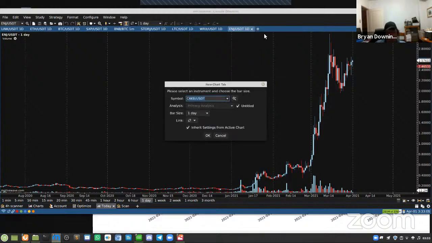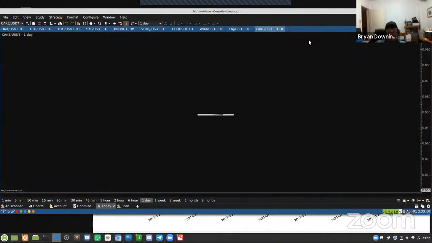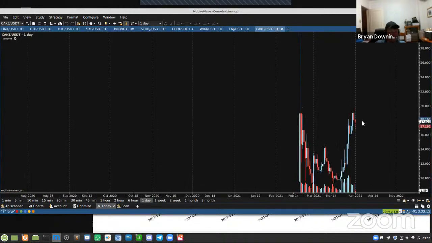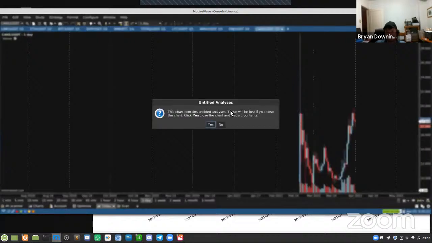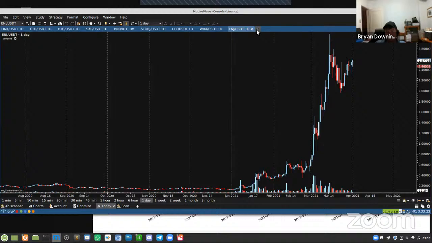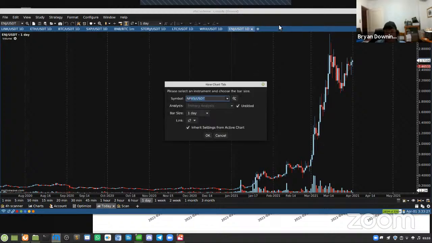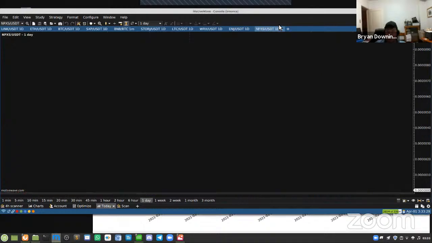And I'll do 2 more, Ontology. So Cake, down day again, 57%, again, 57% out of 7 positions. NPXS USDT.